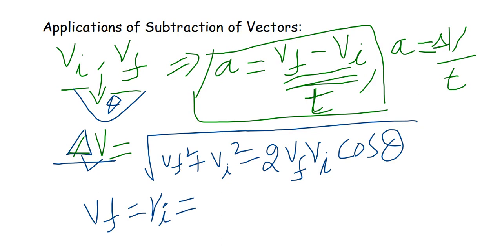What happens? Just now we discussed that in subtraction of vectors, the magnitude of the two vectors changes. The value of change in velocity is 2p sin theta by 2.